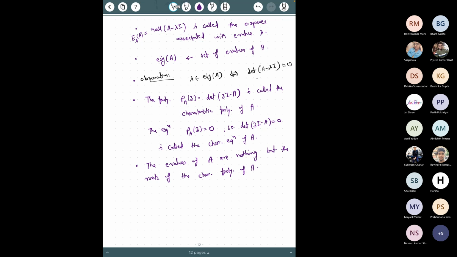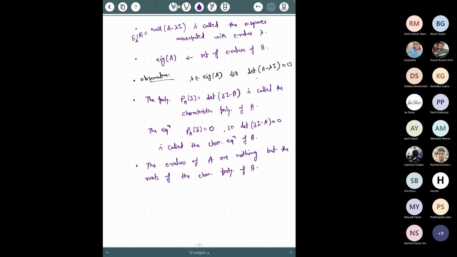Now the question is, what is the relation between the eigenvalues of T and the eigenvalues of the matrix of T with respect to some basis? The answer is that they are the same. They have the same set of eigenvalues, and the result is independent of the choice of basis. So even if you change the basis, the set of eigenvalues will not change.